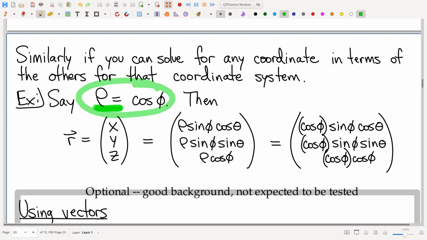By the way, some people get uncomfortable when I claim that this is a function of phi and theta, because they're like, where's the theta? Right? It's a really easy function of theta in that its dependence on theta is don't worry about it. Right? That's still a function. By the way, let's think about a single variable analog of this. If I want to talk about y as being a function of x, if y is x squared, cool.